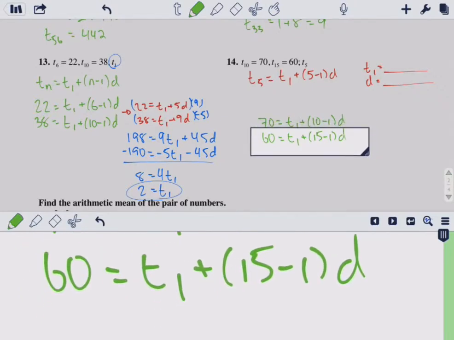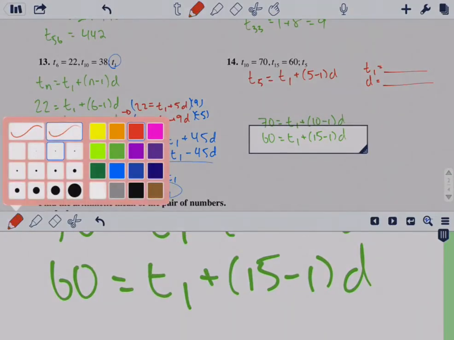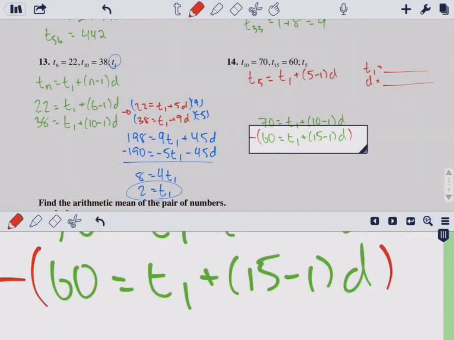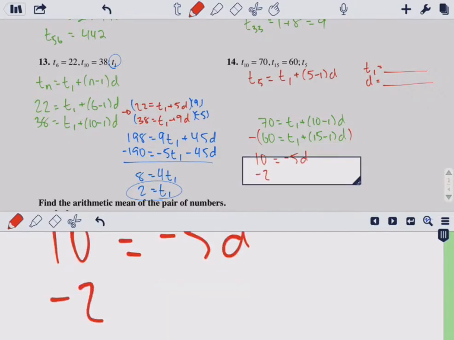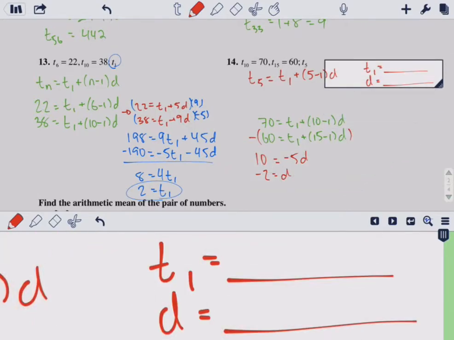Alright, and now I can just do elimination, and I can do this a little bit easier. I get 10 is equal to 9 minus 14, so negative 5d, and so d is equal to negative 2. Alright, so we got that, d is equal to negative 2.